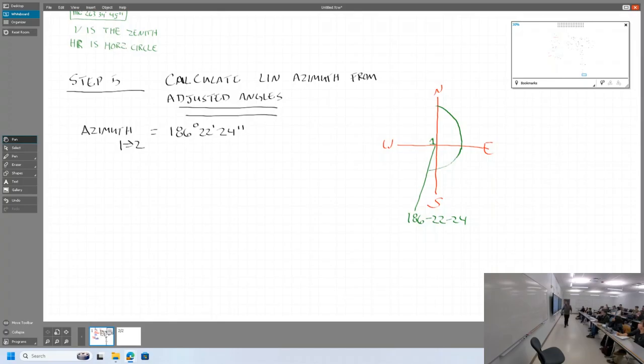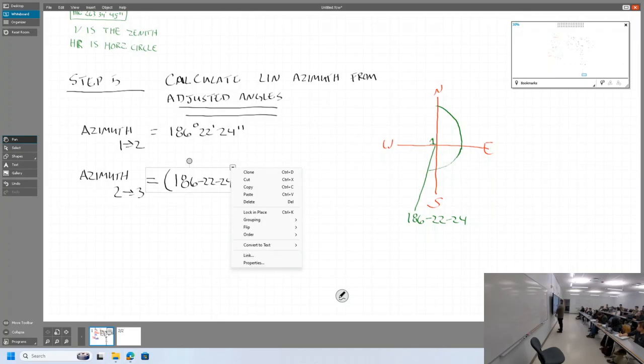So now we can say the azimuth from 2 to 3 is going to be 186 degrees, 22 minutes, 24 seconds, minus 180.